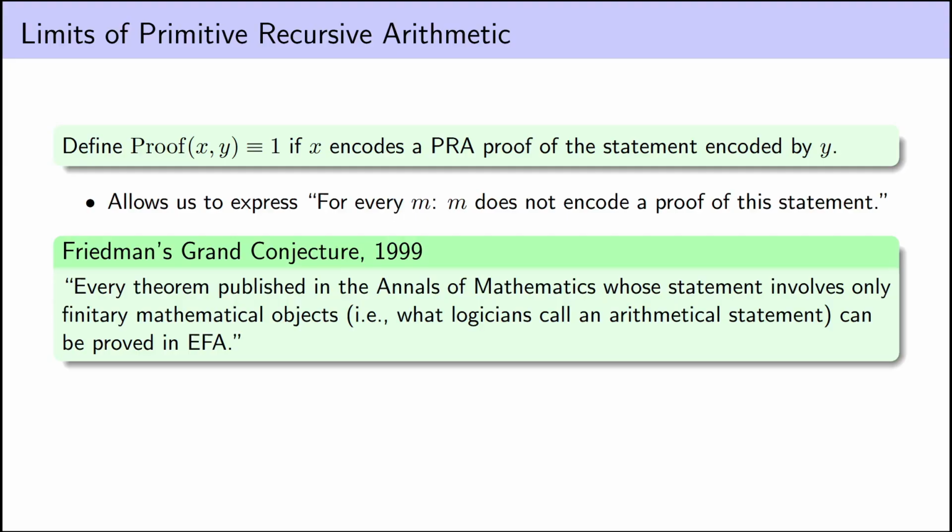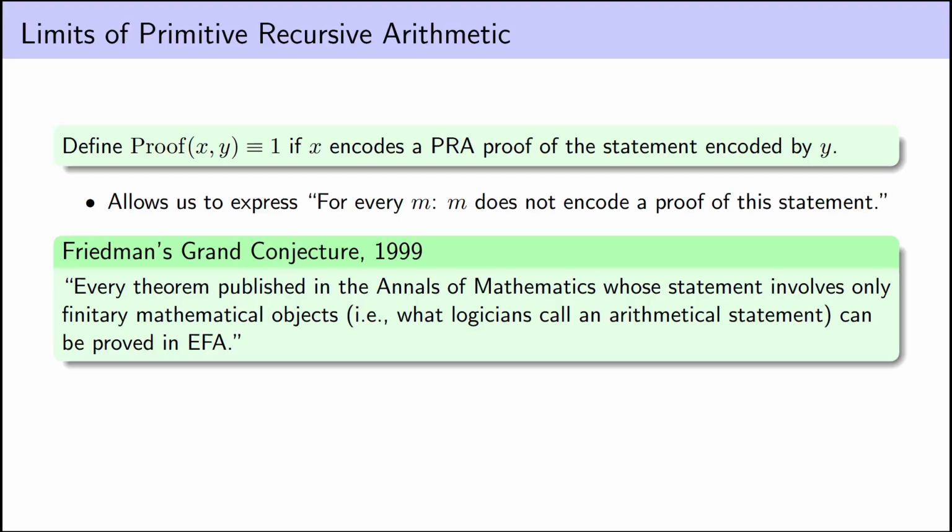But such an example is terribly artificial. In 1999, Harvey Friedman conjectured that every theorem published in the Annals of Mathematics, whose statement involves only finitary mathematical objects, can be proved not just in primitive recursive arithmetic, but actually a restricted version of primitive recursive arithmetic called elementary function arithmetic, where we're restricted to addition, multiplication, and exponentiation, and ignore the higher hyperoperations.